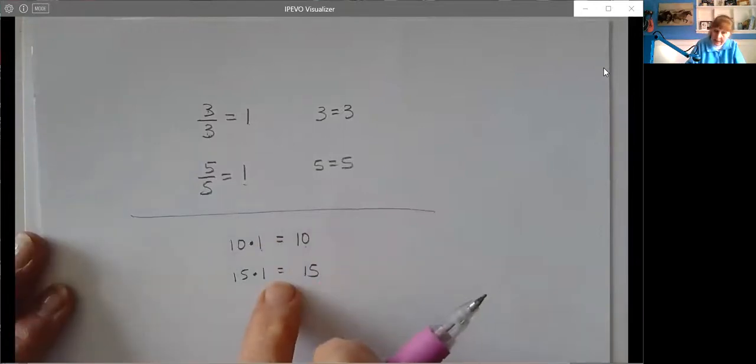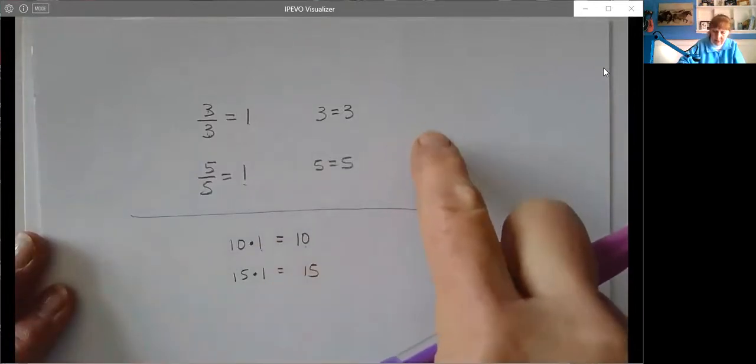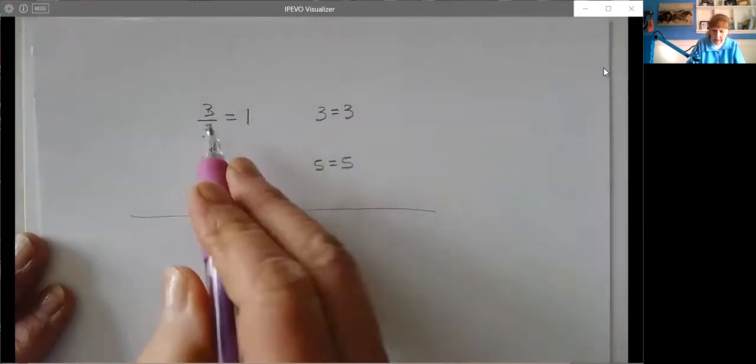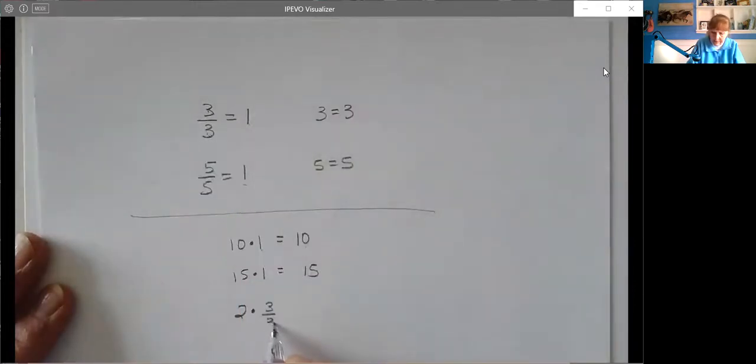Going back to this idea here, and then I'm going to come back to this one as well. If I have the number 2, and I'm going to multiply by the number 1, but rather than 1, I'm going to write it like 3 over 3. So that when I multiply these together, without reducing, I get 6 over 3.